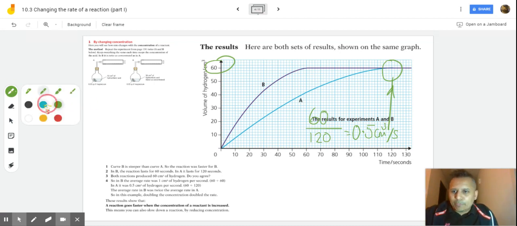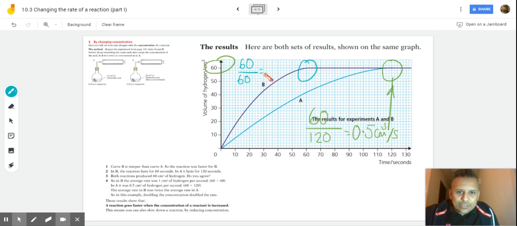Now in experiment B, the volume was again 60 centimeters cubed, but the time in this situation was 60. So the mean average rate was 60 divided by 60, which is equal to 1, and the units would again be centimeters cubed per second.